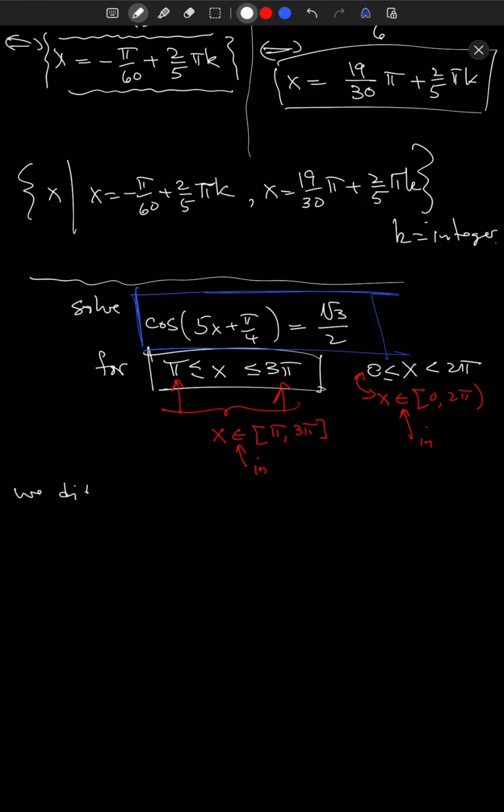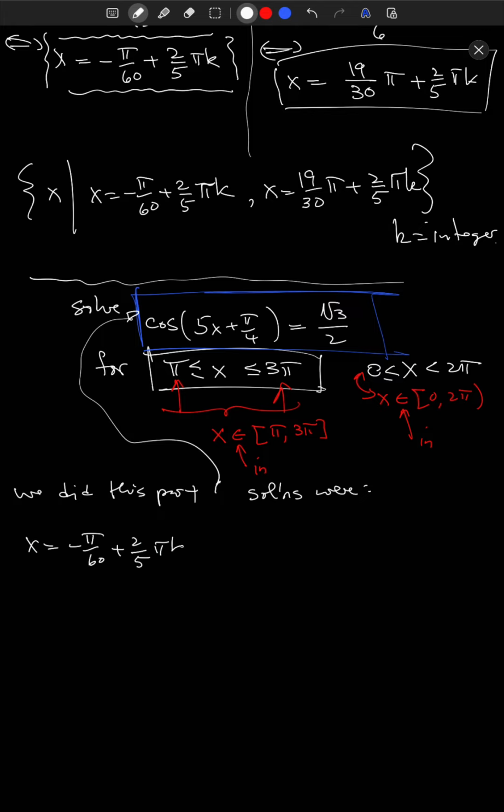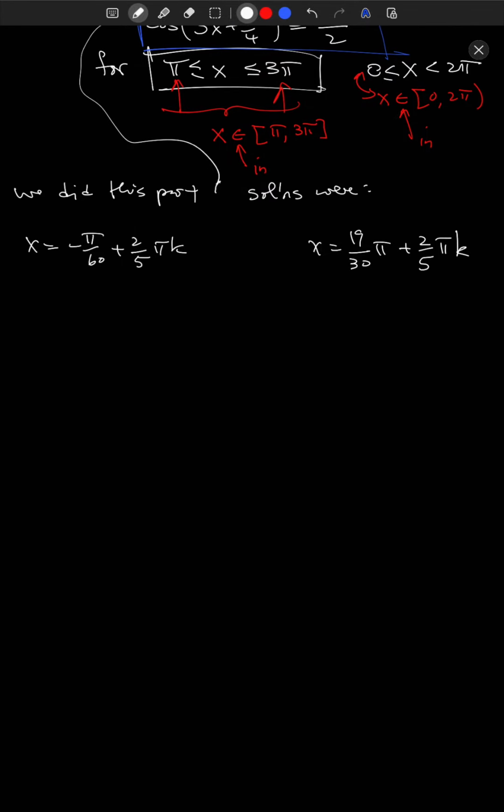We did this part, and the solutions were x equals minus pi over 60 plus 2/5 pi k, and x equals, again, we're going to treat each of the two sets of solutions differently. So I need to write them separately.